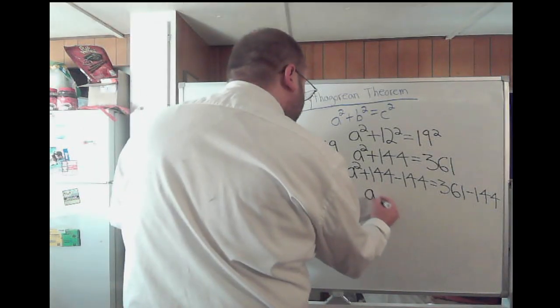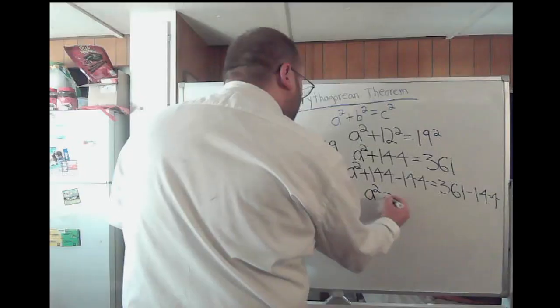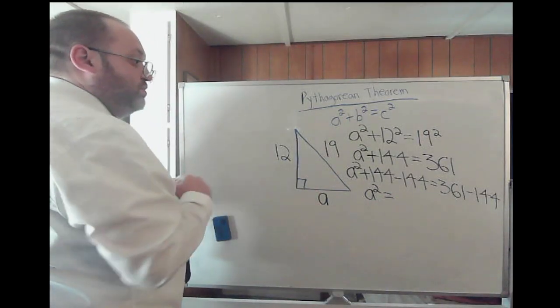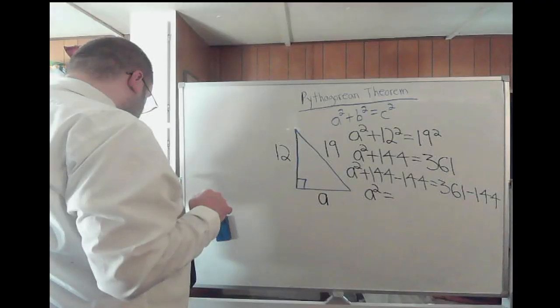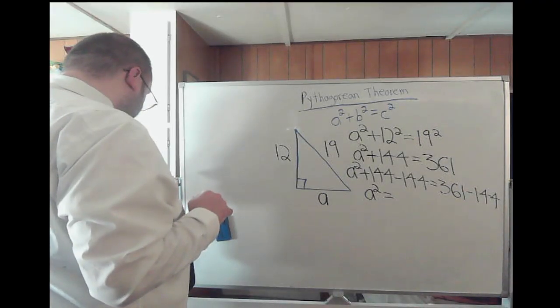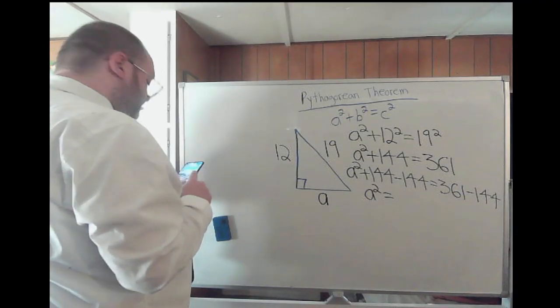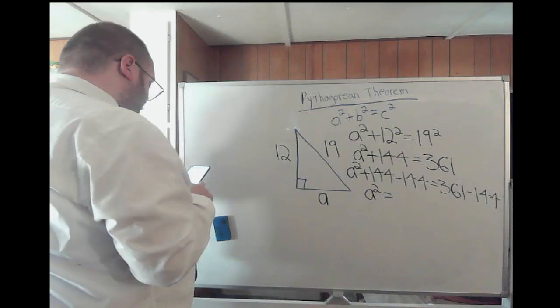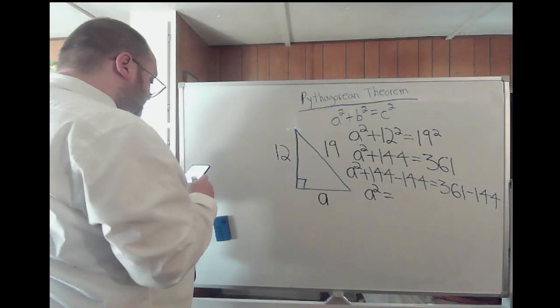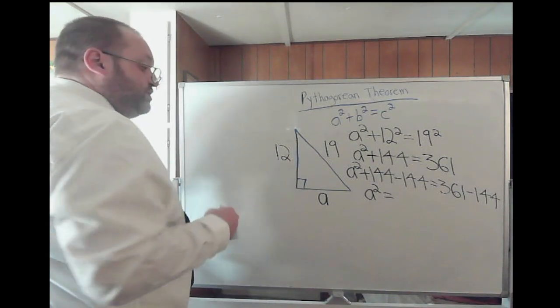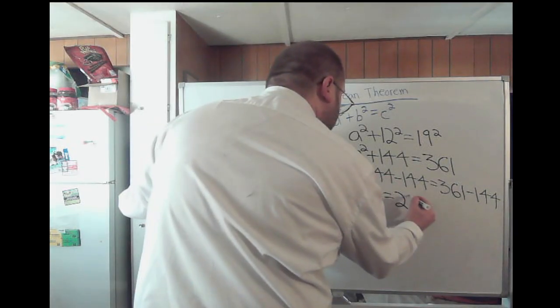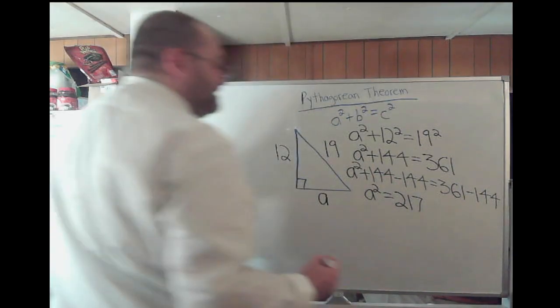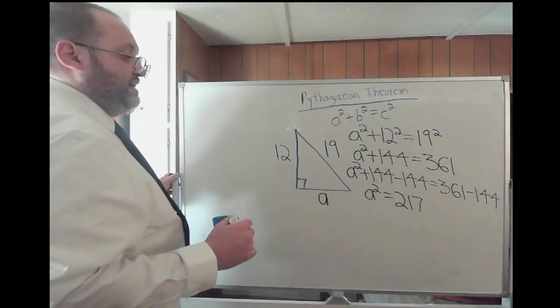That'll just give you a squared. That'll be set equal to 361 minus 144. Let's see, 361 minus 144, that is 217. So we got a squared is equal to 217.